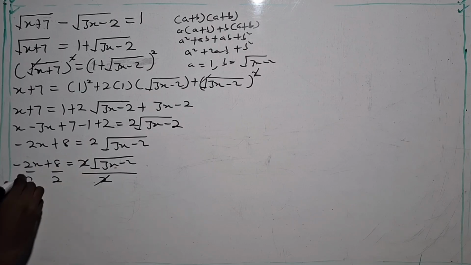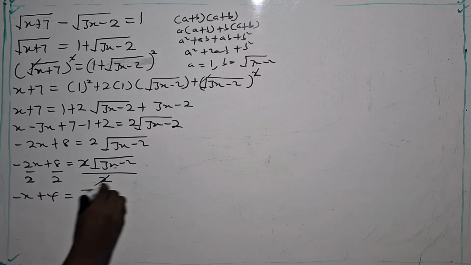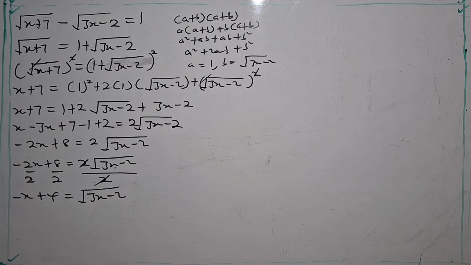No, we are dividing by positive 2. So this is going to give us negative x plus 4 is equal to now the square root of 3x minus 2.